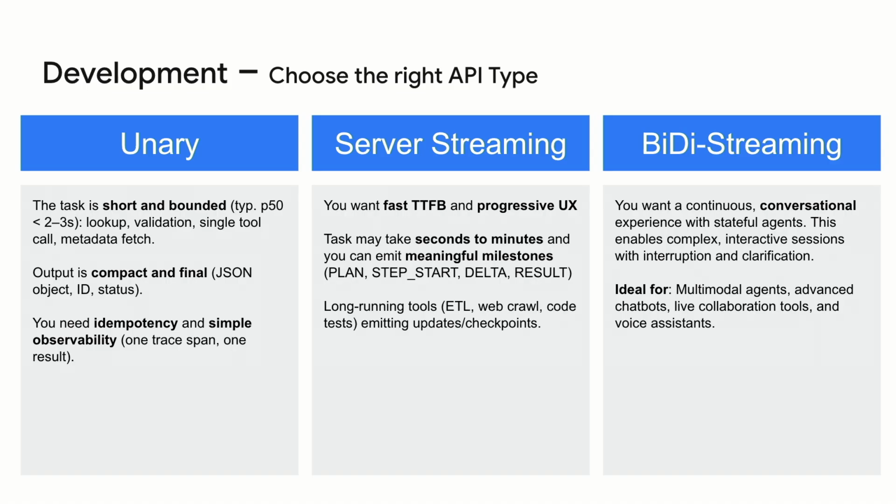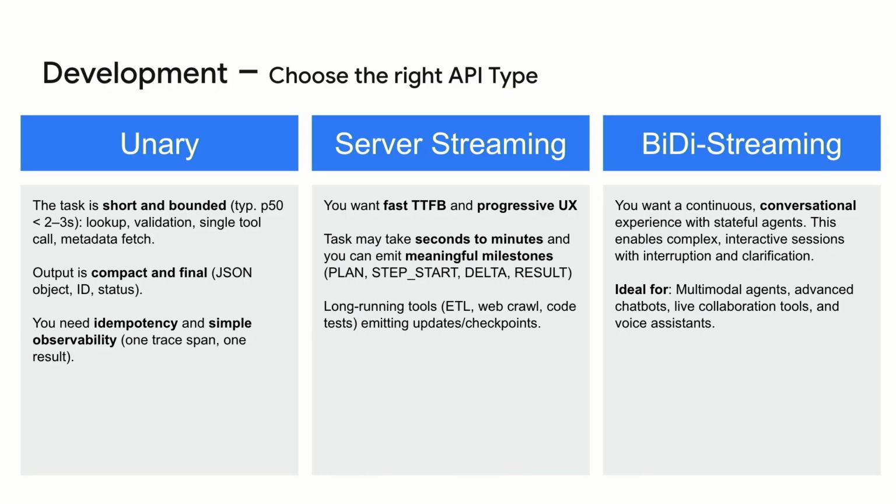Finally, during development, it is very important to choose the right API type for your agent. For short, bounded tasks, such as a simple lookup with a few seconds delay, use our Unary API. If you want your agent to feel faster, use the server-side streaming API. This enables you to show progressive updates to users, like the agent's current reasoning steps or actions, rather than having the user wait for the final answer.